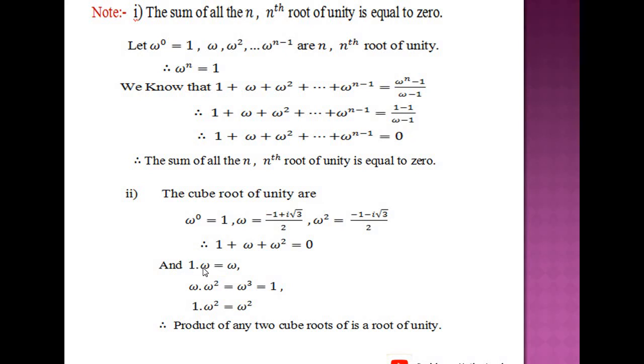First you can find 1 into omega is the same as omega. Omega into omega square is nothing but omega cube, its value is 1. 1 into omega square equal to omega square. If we take the product of any two roots, we get the same kind of root, and therefore the product of any two cube roots of unity is a root of unity. We get the result: the product of any two roots of unity is a root of unity.